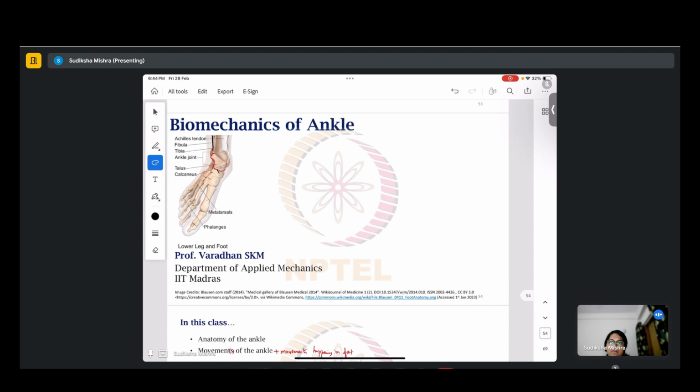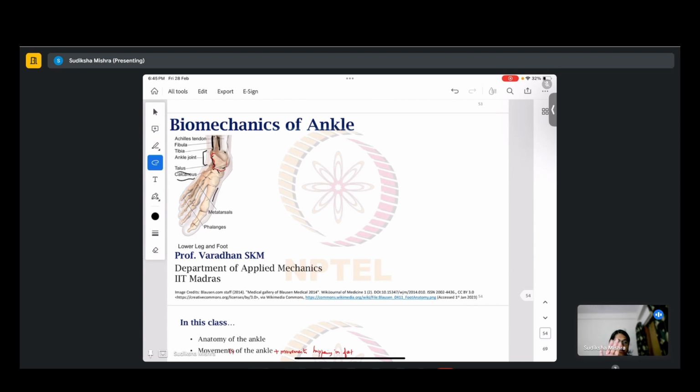So the ankle basically forms the joint between the foot and the shin, right? The bones of the shin and the bones in the foot converge here. This is the fibula, this is the tibia. This essentially is the ankle joint. The major bone that you will find at the ankle joint is the talus, and the posterior bone is known as the calcaneus.